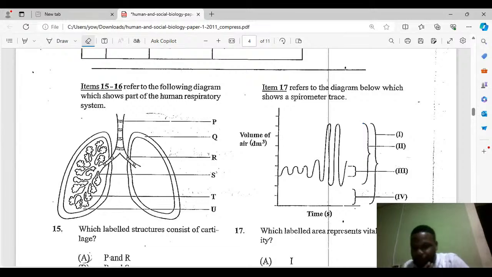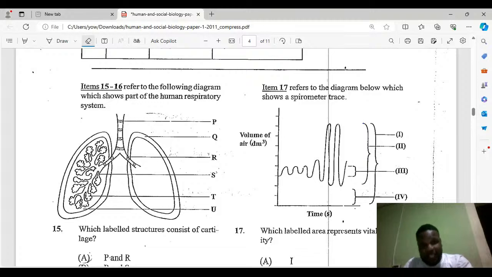Is that clear? Yes, the question is asking you based on the spirometer trace. And remember, spirometer is used to measure how much air you can breathe in and you can breathe out. So it's asking you how much air you can breathe in and how much air you can breathe out. That's what a spirometer trace does.